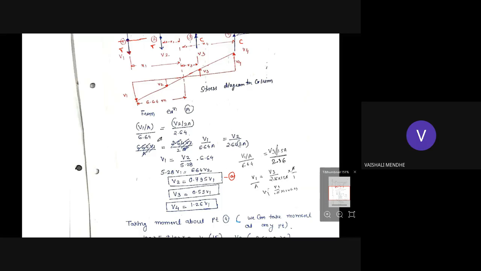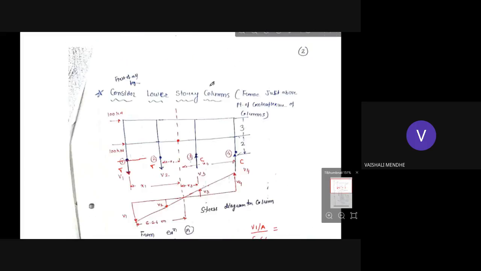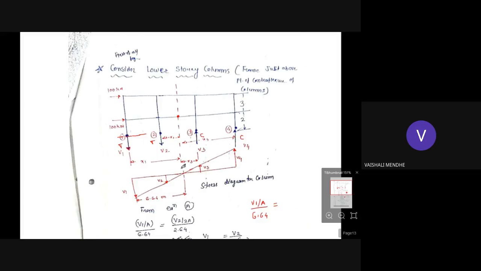Then again you go with this relation, that is V1 by A divided by 6.64 is equal to this relation. You are having this relation with you. So V1 by A, equate this relation to third relation. Then equate first to fourth relation. Okay, so you'll get the value of V3 in terms of V1.